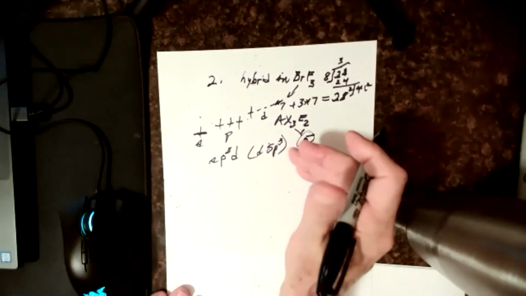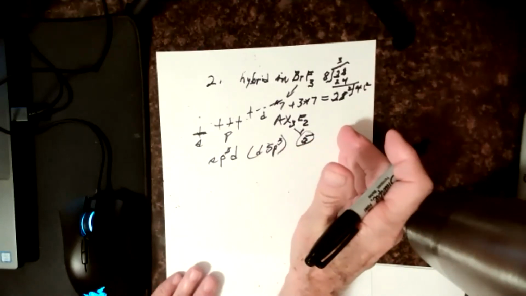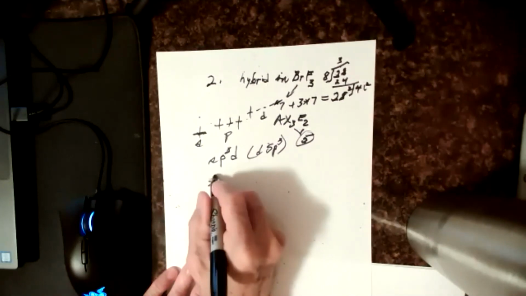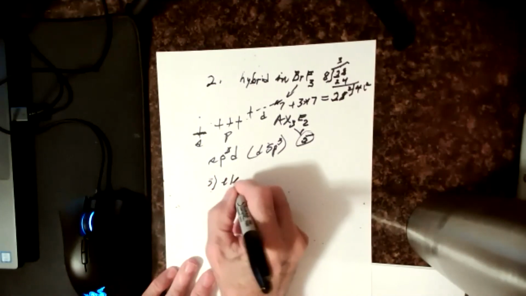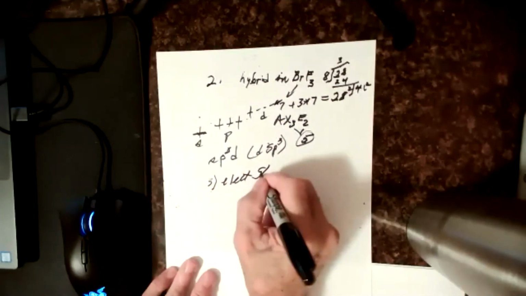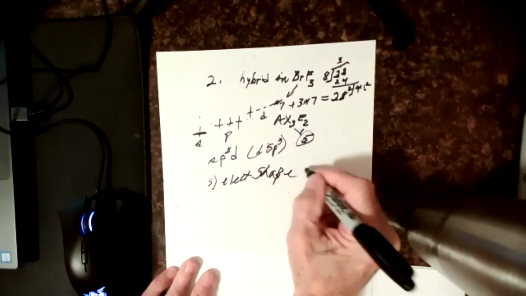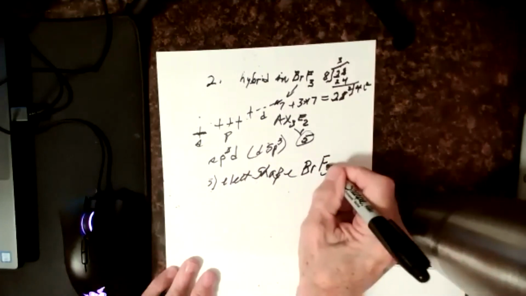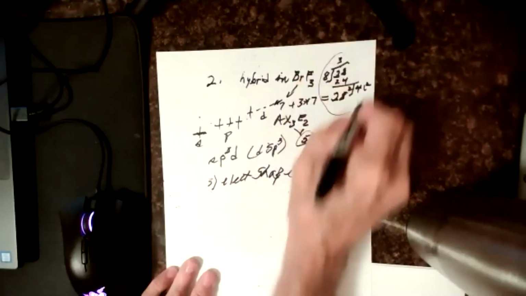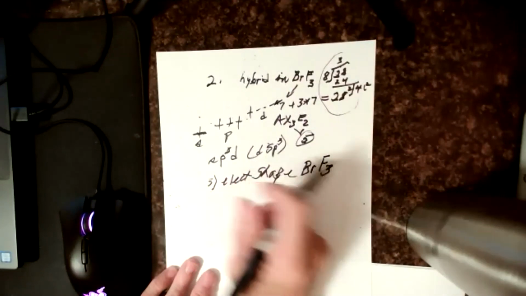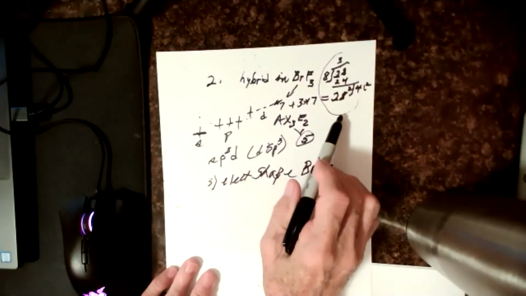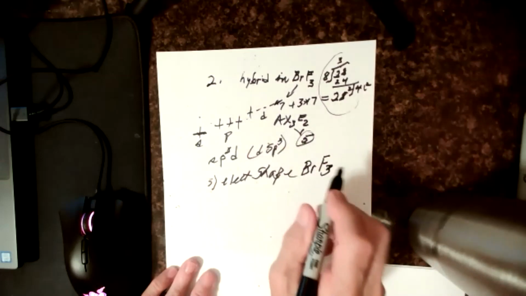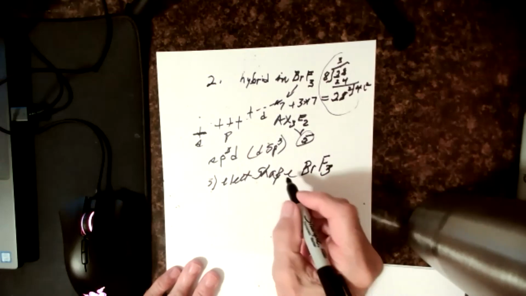So this is number 3 now we're doing. BrF3, and we've already calculated it. So I'm going to assume that we got it right. Here's the danger though. If I miss number 2, I'm going to miss number 3. So I want to be careful, but I'm pretty sure this is right.